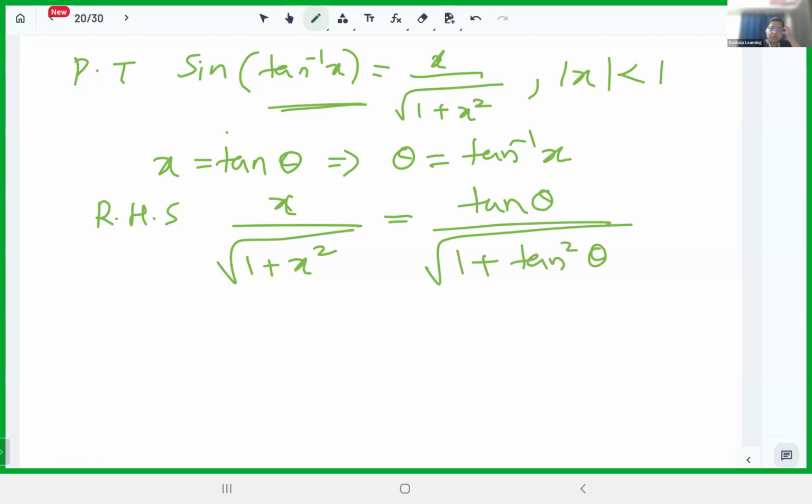What is 1 plus tan square theta? Yes, it is sec square theta. 1 plus tan square theta is sec square theta.